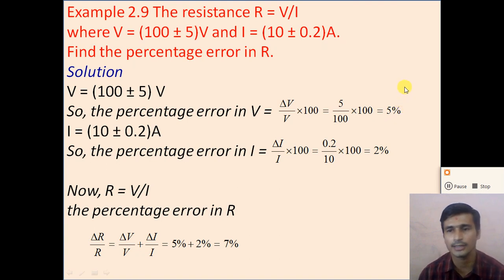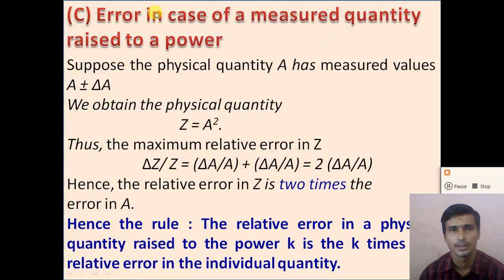Now the next combination of errors is the error in the case of a measured quantity raised to a power. When the measured physical quantity is a power of some physical quantity, how are the errors produced in the final result? Suppose the physical quantity A has measured value A plus minus delta A. Now we obtain another physical quantity Z, which is A square.